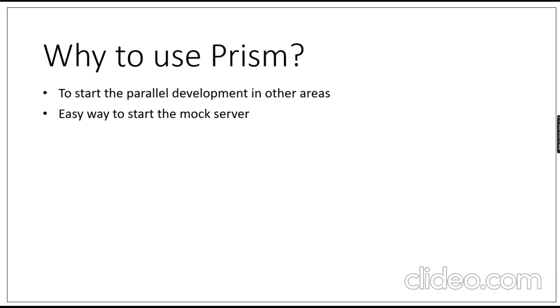So that is why we use Prism. It is very easy to start the mock server. In our upcoming section, I will show you how we run the mock server using just a single command. So it is very easy to run and maintain.